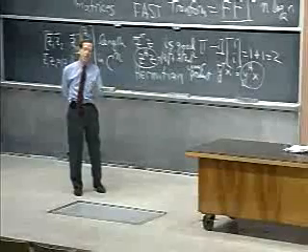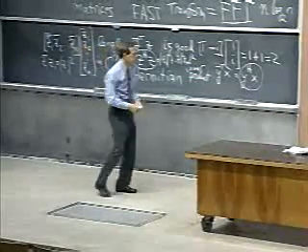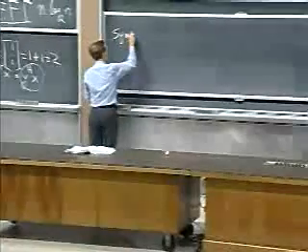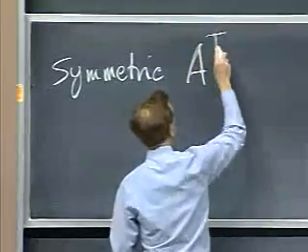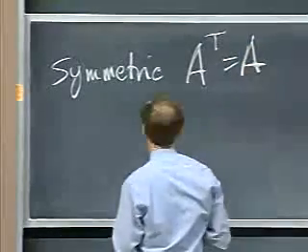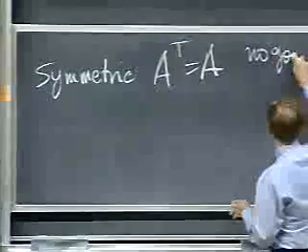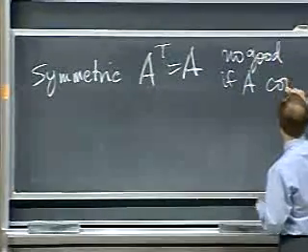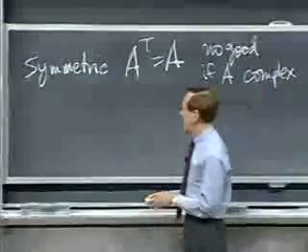We've got to change the idea of a symmetric matrix. So I'll just recap on symmetric matrices. Symmetric means A transpose equals A, but that's no good if A is complex.